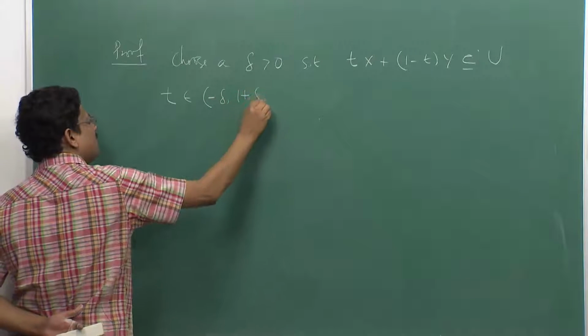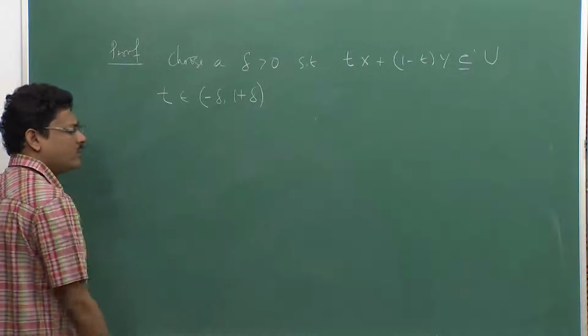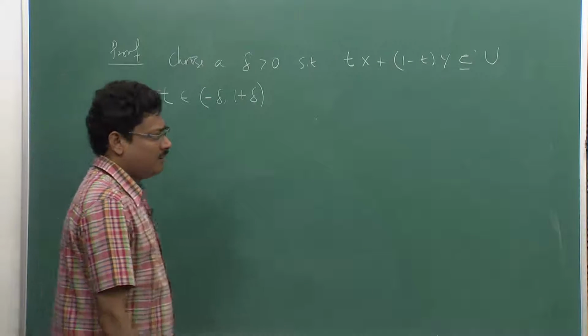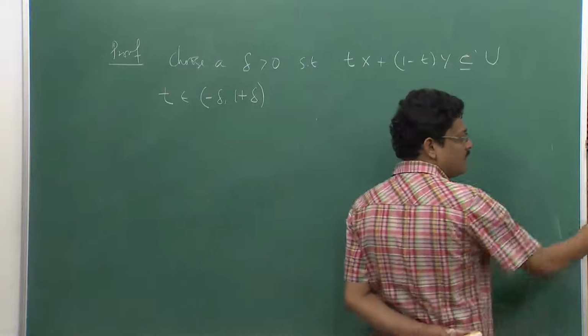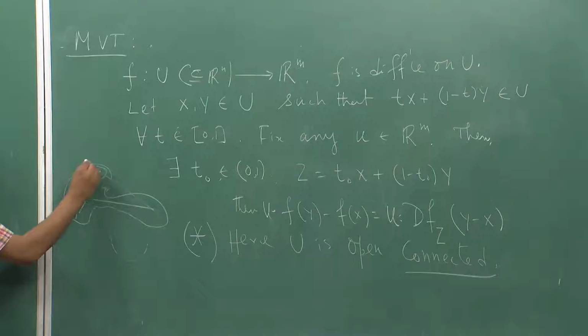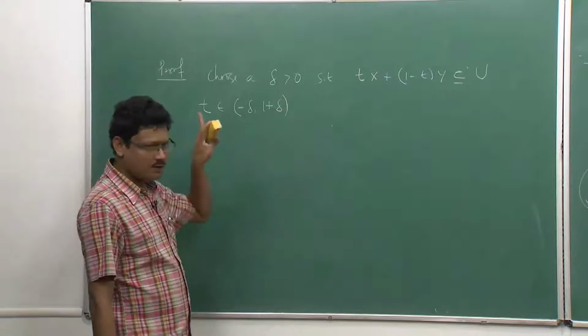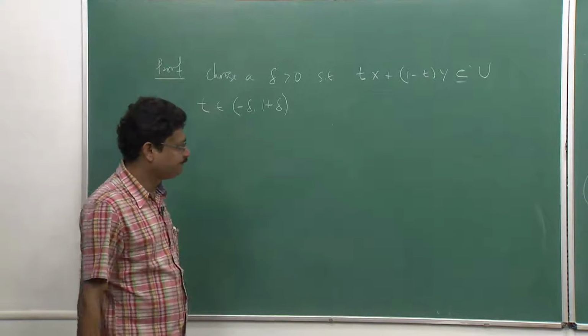This is because I want to apply differentiability and I do not want to apply differentiability at the end points. But I can do this. Why? Because you have chosen u open. So, if x is there, there is a ball around this, so I can always extend this line a little bit inside u, and here also there is a ball around y, so I can always extend this line a little bit beyond y. So, I choose t between minus delta and 1 plus delta, and I will apply it for the points 0 and 1 in between.